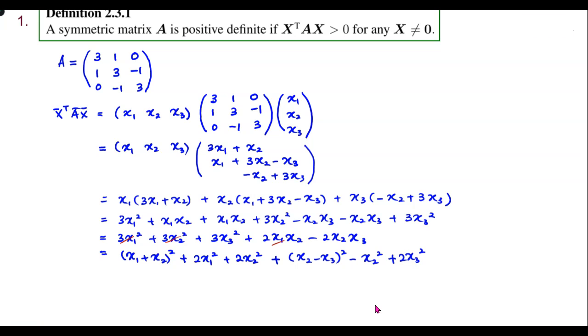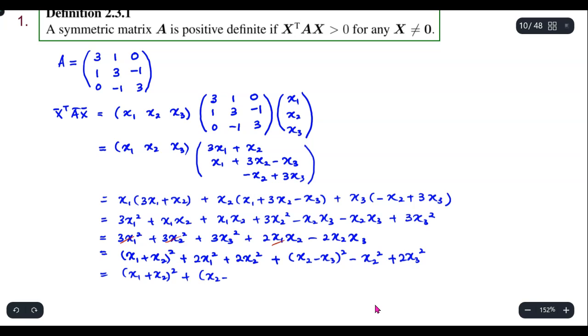Now we can simplify the expression. We have (x1 + x2) square, plus (x2 - x3) square, plus 2x1 square, and then this and this can be simplified as x2 square, plus at the end 2x3 square.